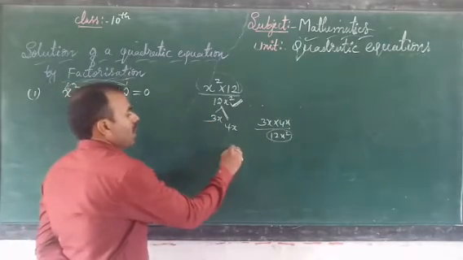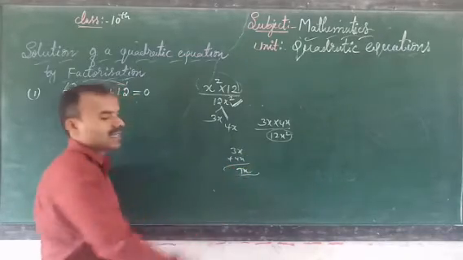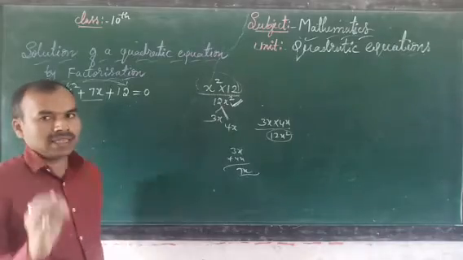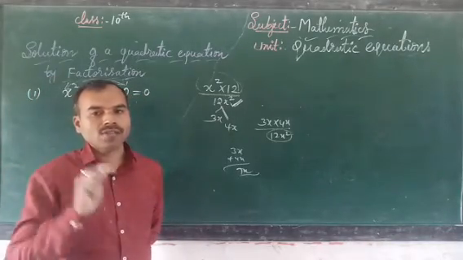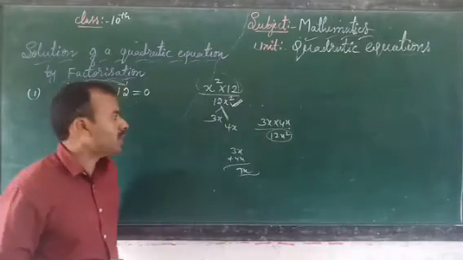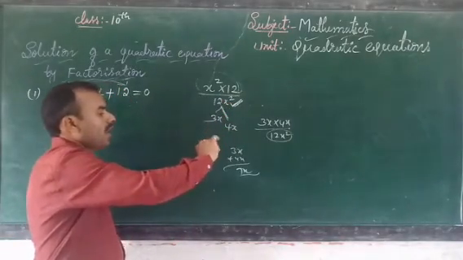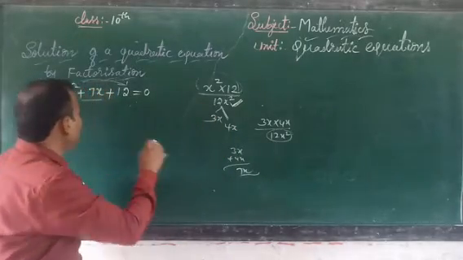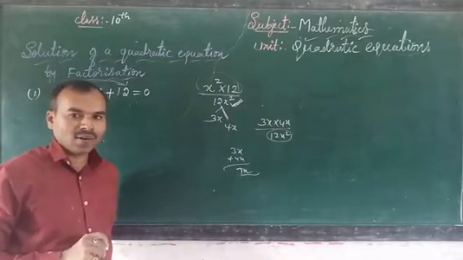Next, we had 3x and 4x. This is 7x. This is the middle term. In this factorization method, first we multiply first term and last term and split the product, we get 2 factors. If we add or subtract the 2 factors, we have to get the middle term. Are you clear? Okay.